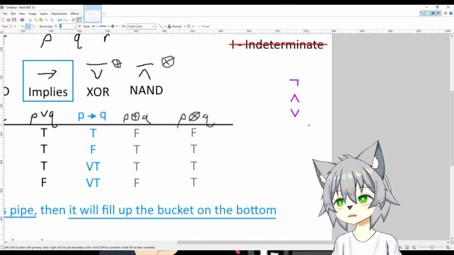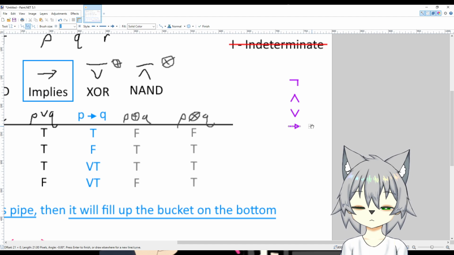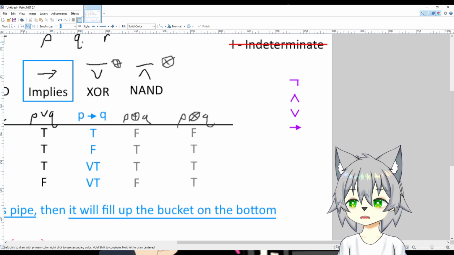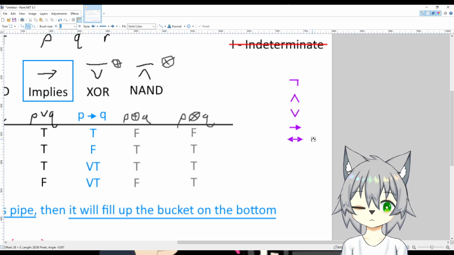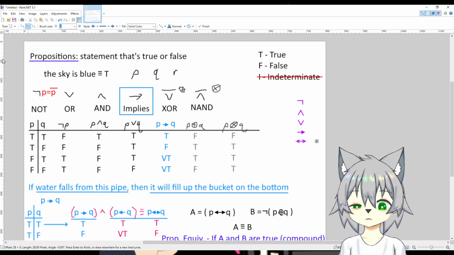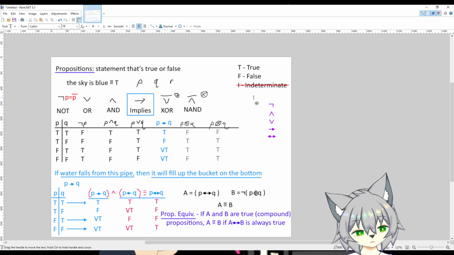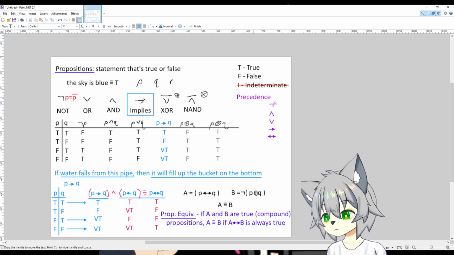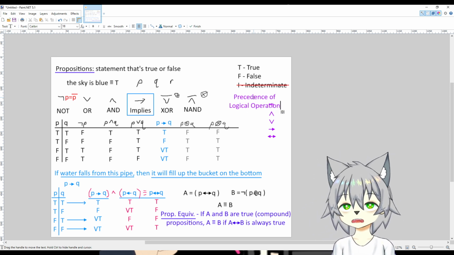And then we have the implies operator here. And then we have the biconditional operator. Basically, this is what I would like to call the precedence of logical operations.